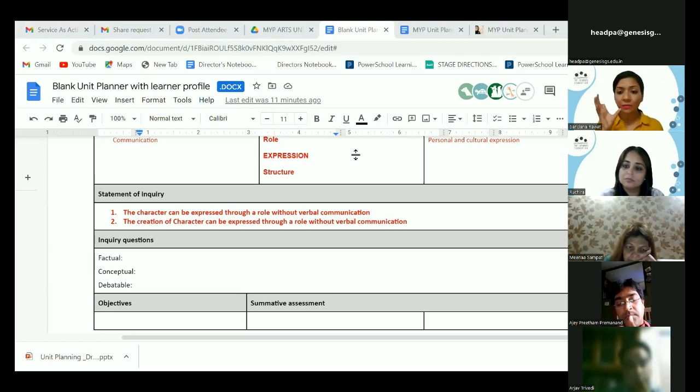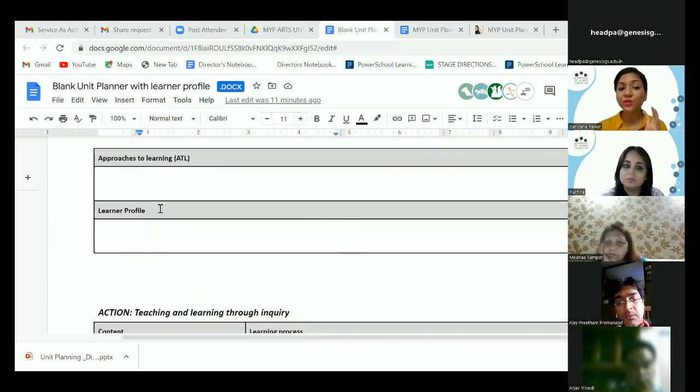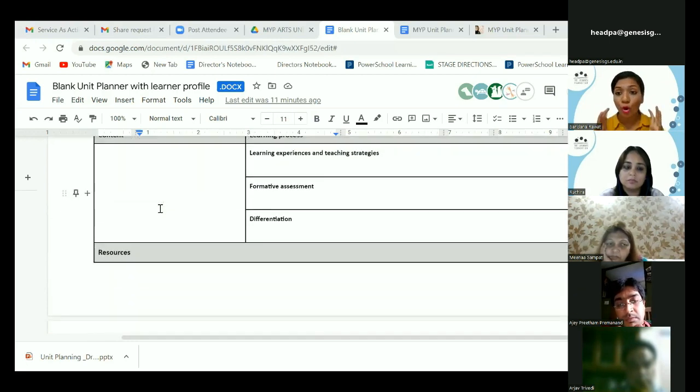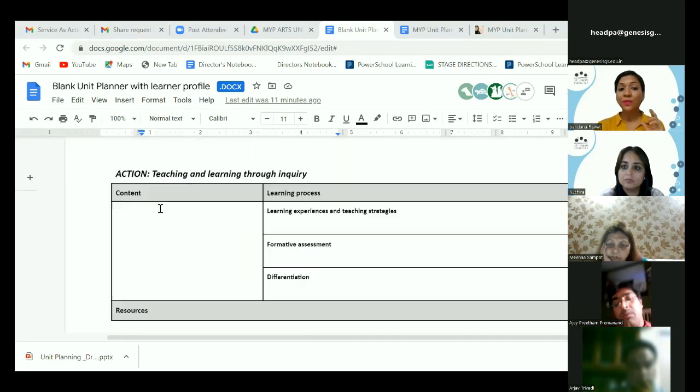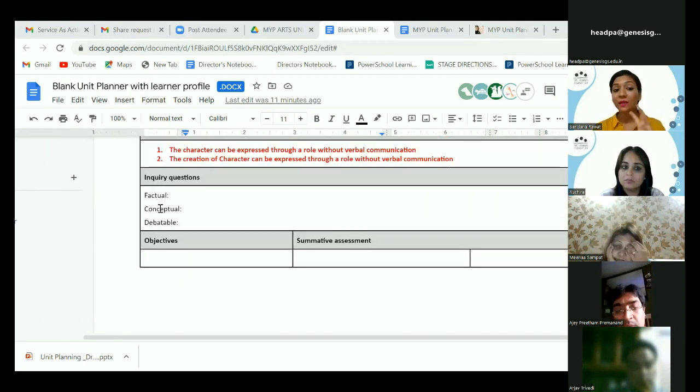In terms of content, your learning experience and your content, the boxes given in the unit planner, if you go down, give you the space to explore your theatrical knowledge, your dramatic conventions. But the IB key concepts, related concepts, and the global context give you a perspective on how I should go about teaching. The unit planner is for teachers.